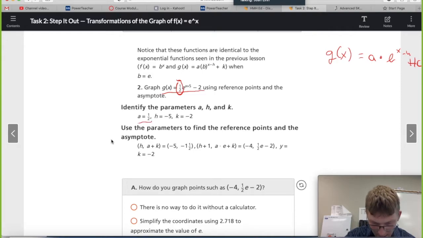So our a equals 1/2. Our k is -2. And then our h is -5. Now notice that's a plus 5 in there, but our general formula has x minus h. So we have to add that negative sign in, or do the opposite of that one right there.